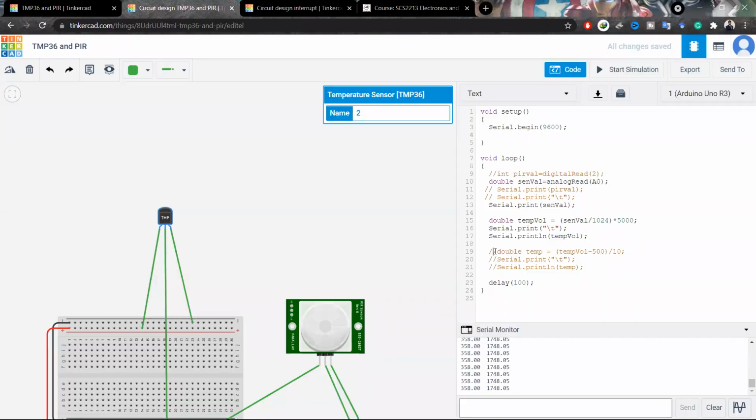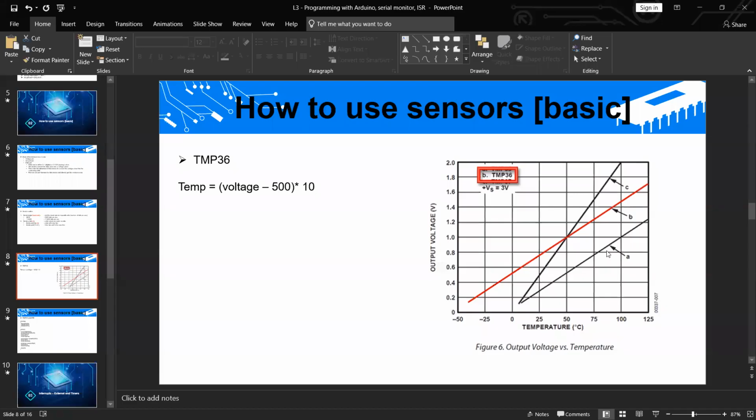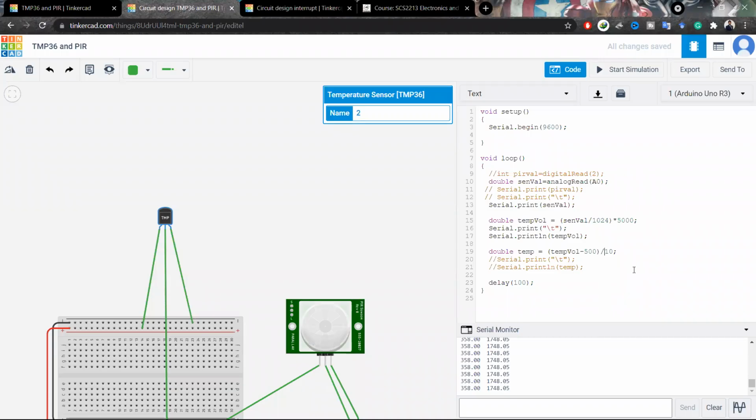I'm using double again, then I put temp voltage, the voltage I get from the previous line, in here from line number 15. Then reduce 500, then should we multiply it or divide? I think I have some error in that.